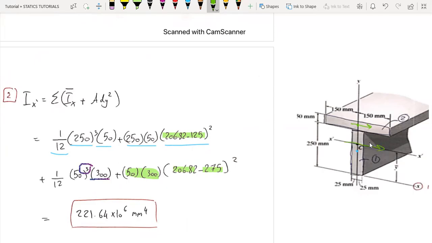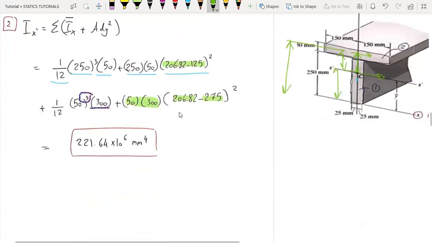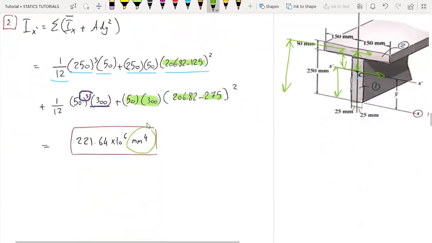So we want this distance, because we are using the parallel axis theorem, correct? So here it is 206.82, and this distance is 275. If we subtract them, we get this number, and we'll get it in terms of millimeters to the power 4.